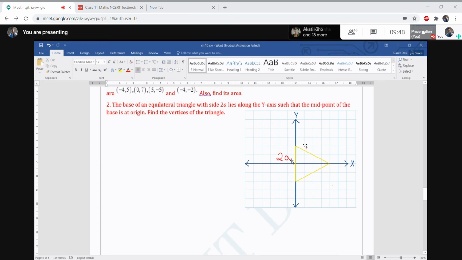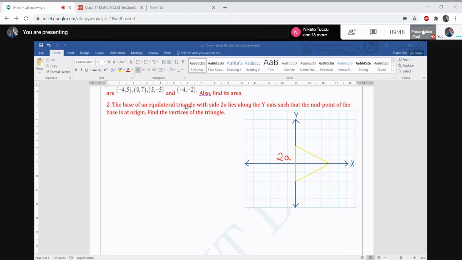Find the vertices of the triangle. So how to find the vertices of the triangle? If the length is 2a, and the origin is 0, what will be the coordinates of this point? Let me name the triangle.